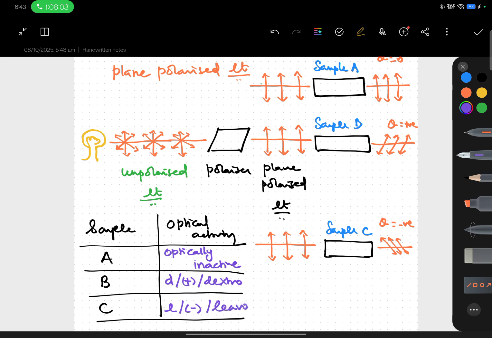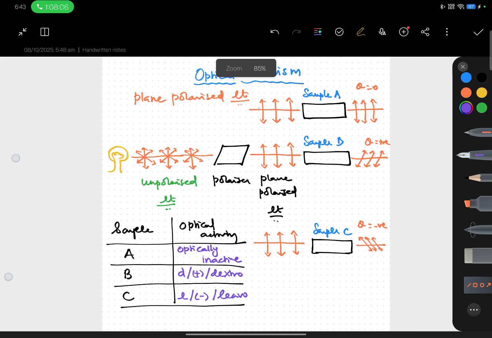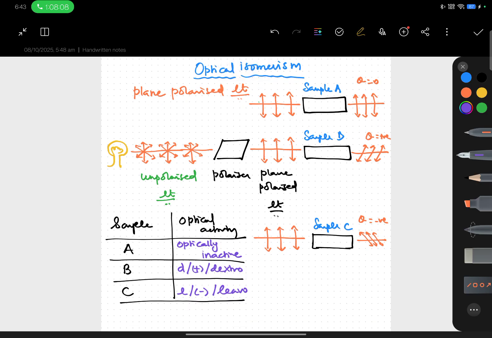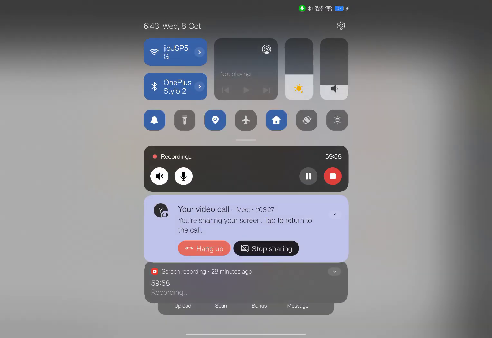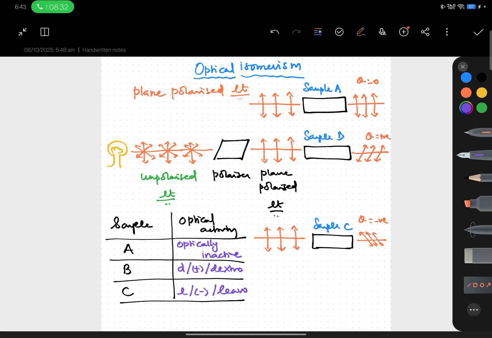It is called the levo isomer. If plane polarized light gets rotated towards the right hand side by a sample, such a sample is called dextro, D isomer or plus isomer. If the plane polarized light rotates towards the left hand side, where the theta value is negative, we call it the levo isomer or minus isomer.